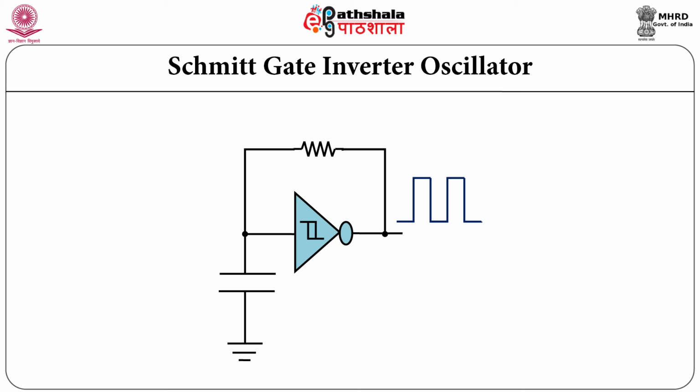Discharging process continues until the capacitor voltage reaches the lower threshold level, where the inverter changes the state again. This switching back and forth by the inverter produces a square wave with a frequency of f equal to 680 upon R into C.